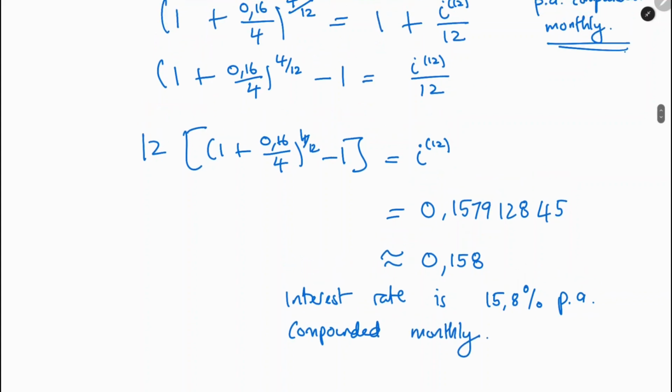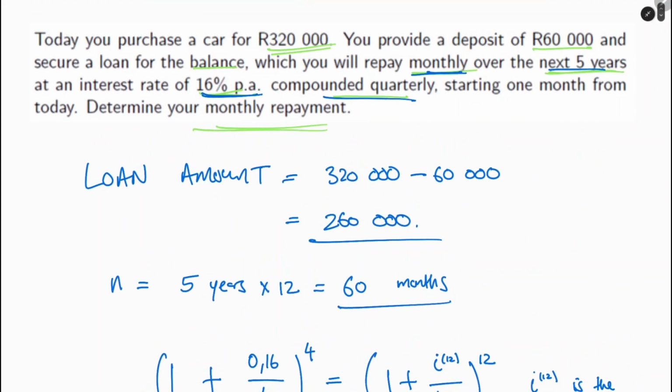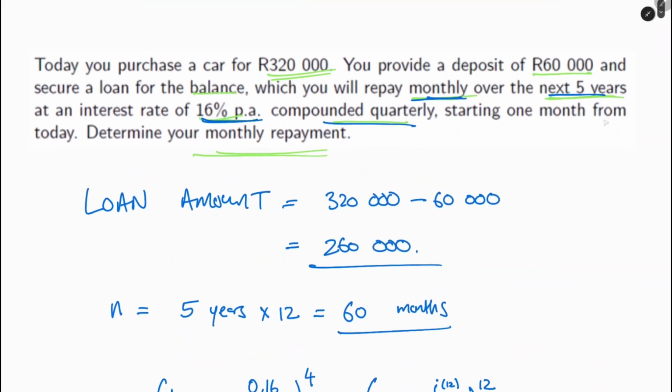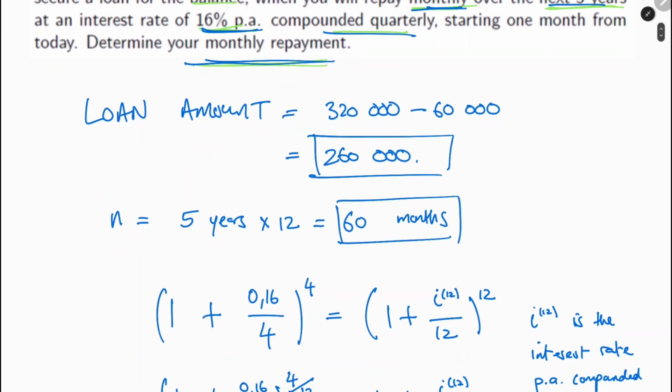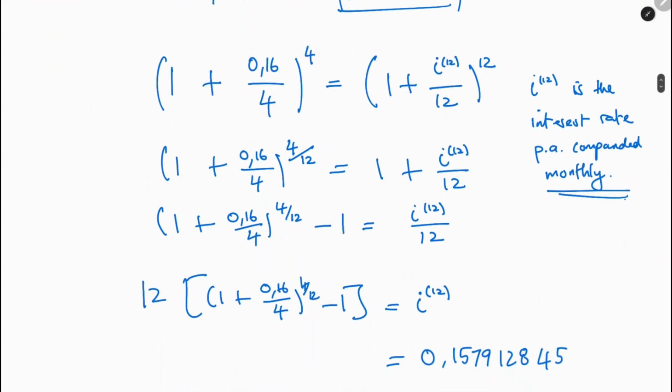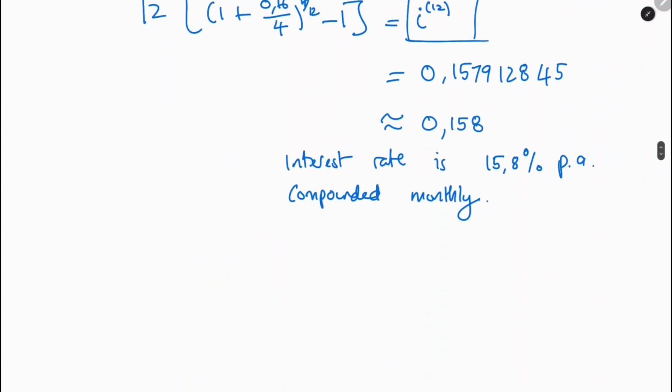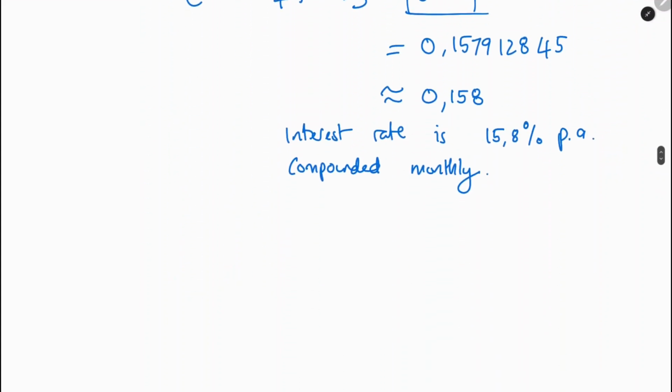Okay, so let's go back to the question. The question is asking us, starting 1 month from today, determine the monthly repayment. So we've got the loan amount, we've got the number of time periods, and we've got our interest rate over here. So if we use the formula, let me remind us of the formula first.